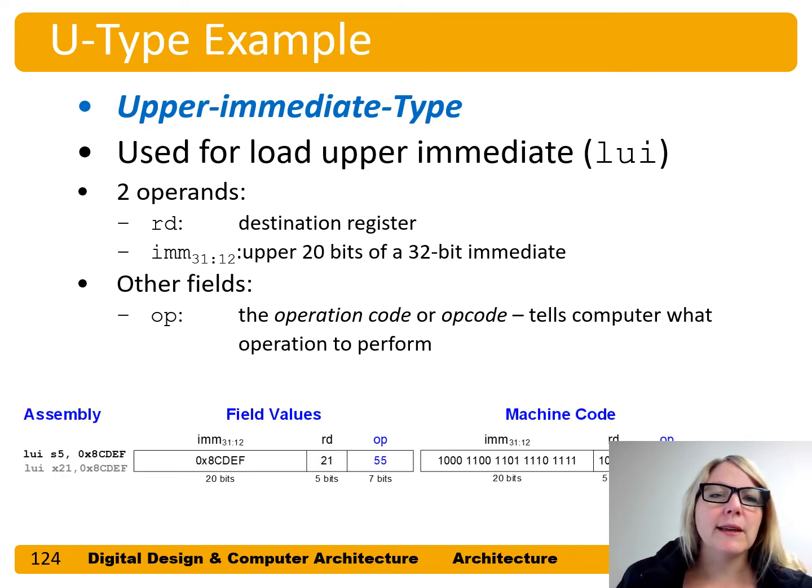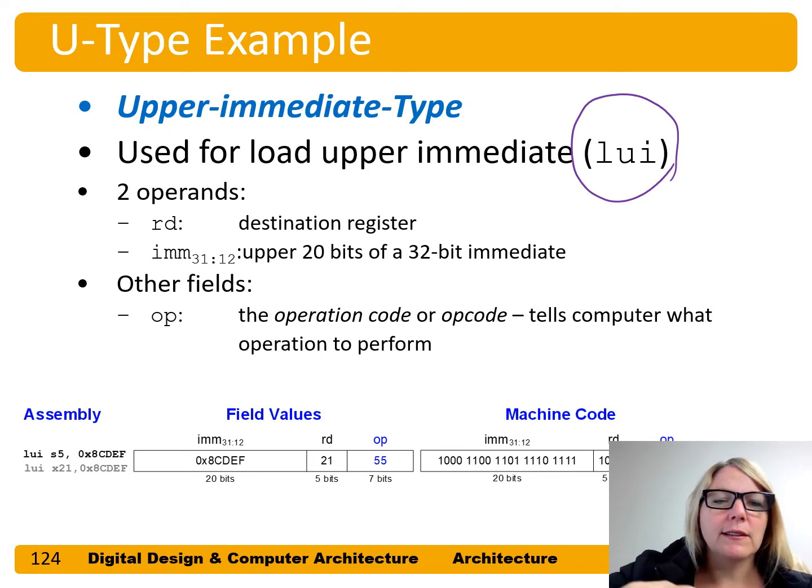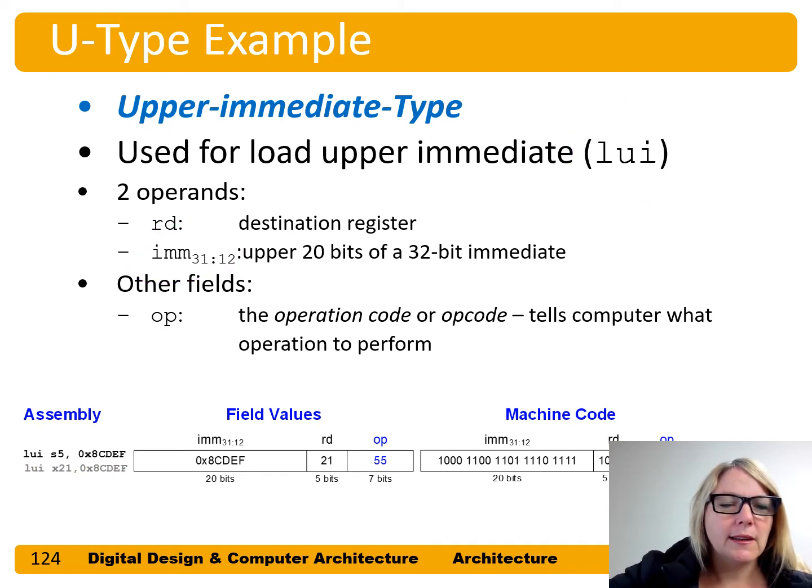Here's a U-type example, upper immediate. Here's the load upper immediate, or LUI, instruction. RD is the destination register, and our immediate field is the upper 20 bits of that immediate. So for example, suppose we have load upper immediate with S5 as our destination register, which we convert into the register number, 21.